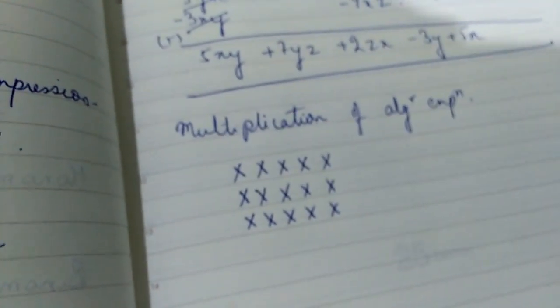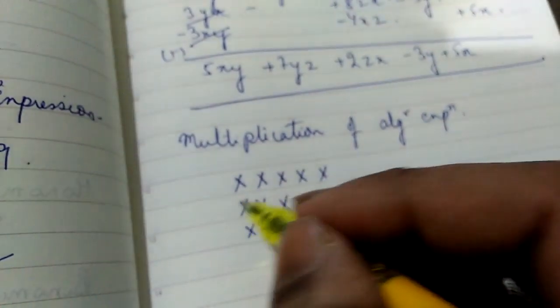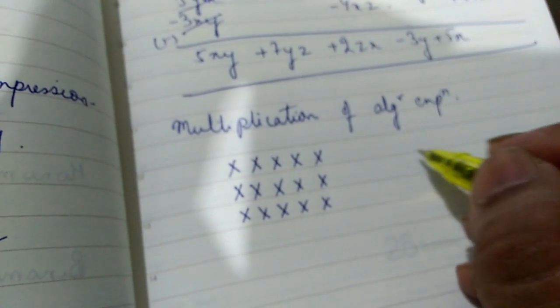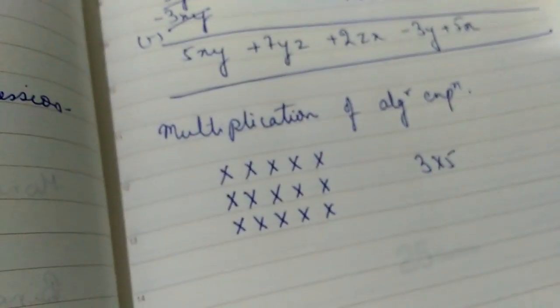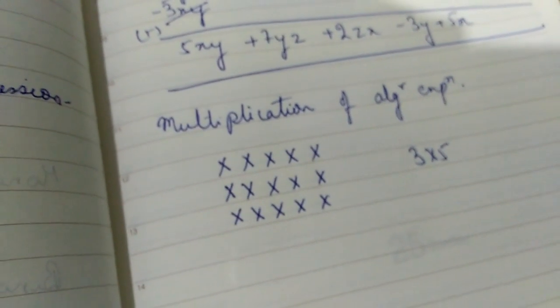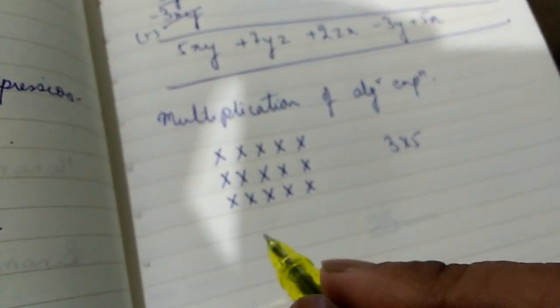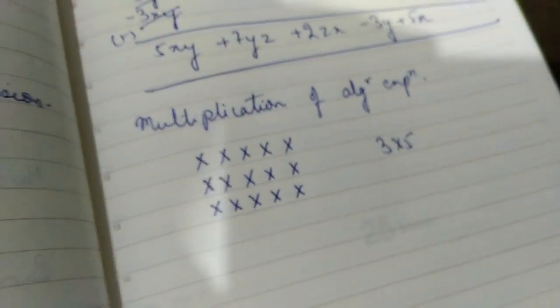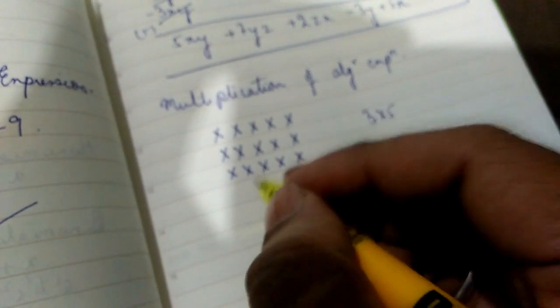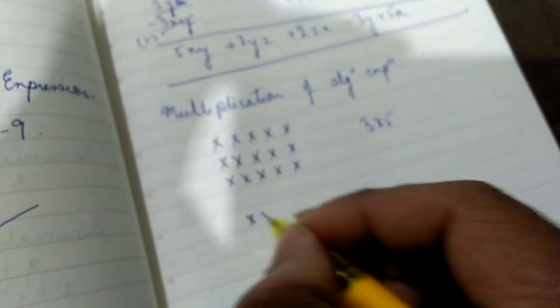Here we can see there are 3 rows and 5 columns, so it will be 3 into 5. Let us suppose we add another row.